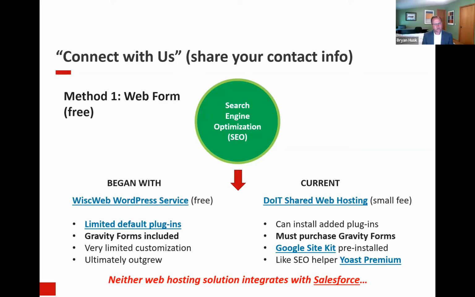I'll go into this in more detail in a little bit, how the factors that are important in deciding these things. But I'd also mention that neither of these web hosting solutions has direct integration with Salesforce, which I'll tell you more about in just a little bit. And it's a pretty critical piece.